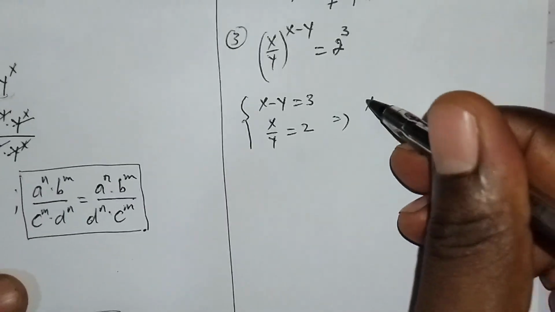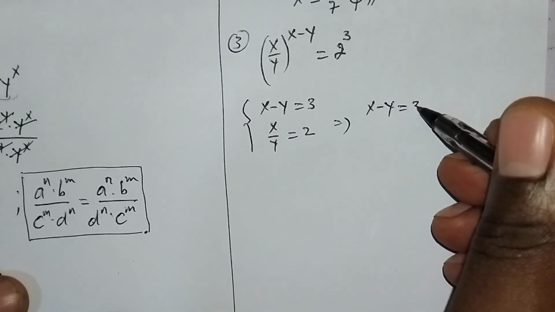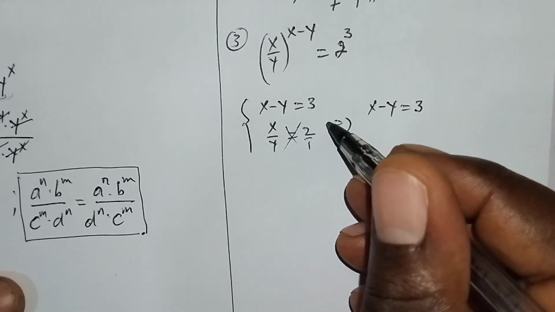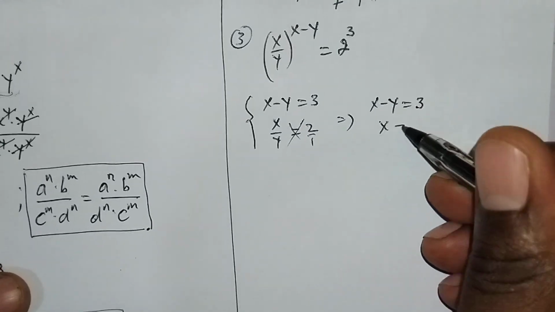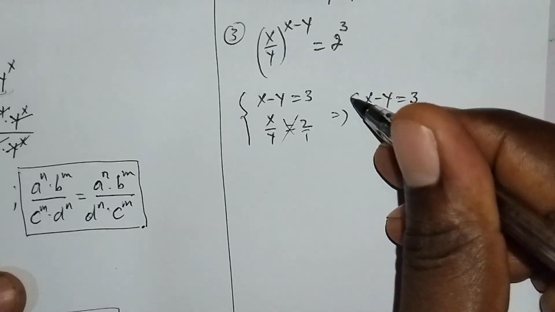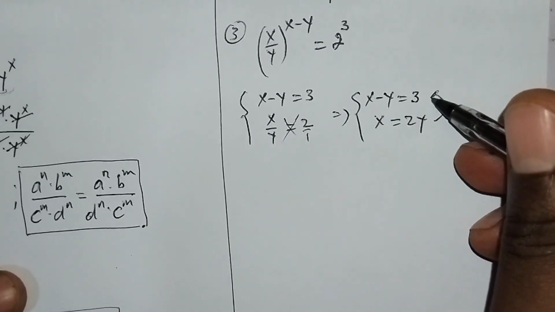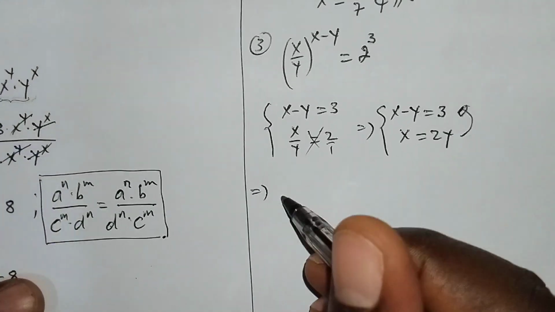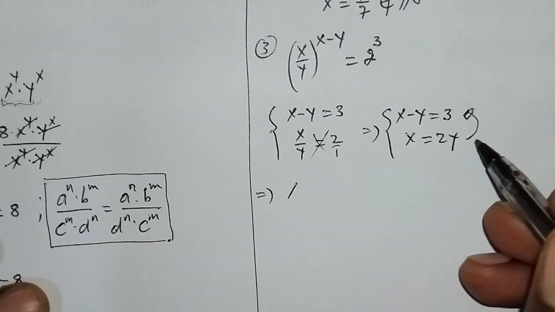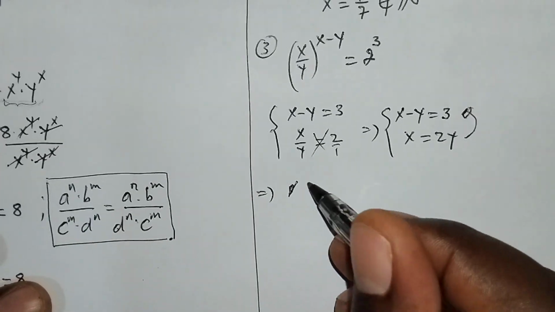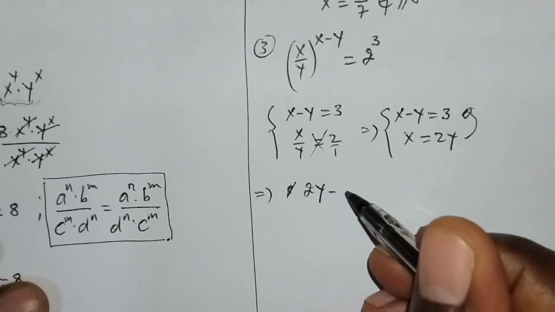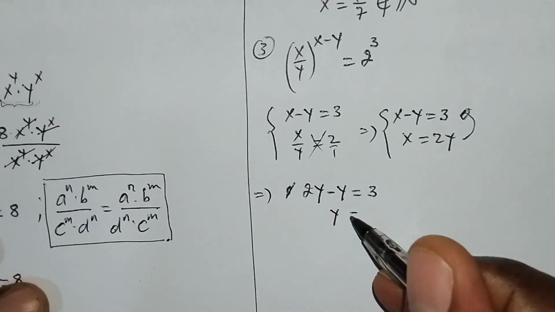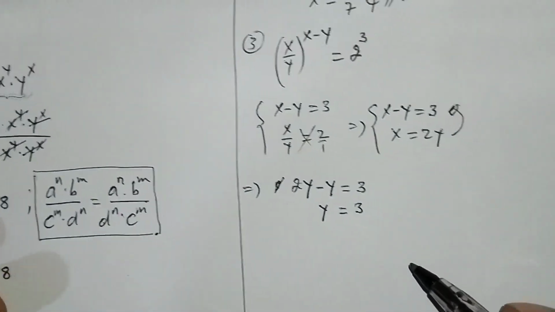So it is x minus y equal to 3, and cross multiply. It is x is equal to 2y. Replacing, 2y minus y equal to 3. So y is equal to 3.